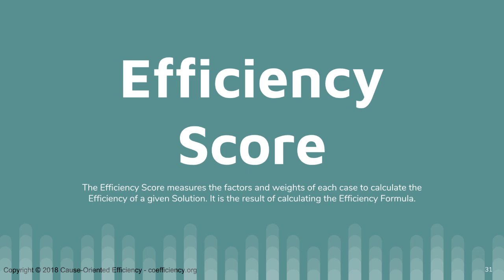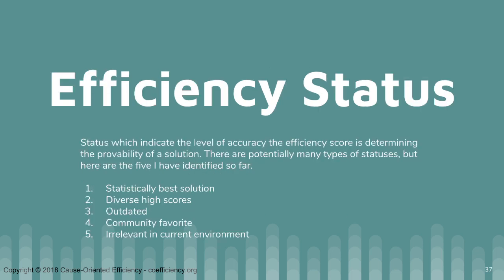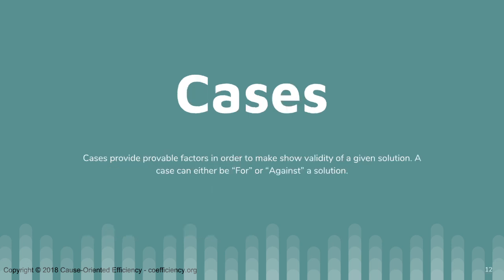But also we have an efficiency status so that you can understand that score relative to other solutions within that cause. Within this discussion, we'll also talk about cases, which there are cases for and against, and that is how we hash out the calculation of the score for these solutions.